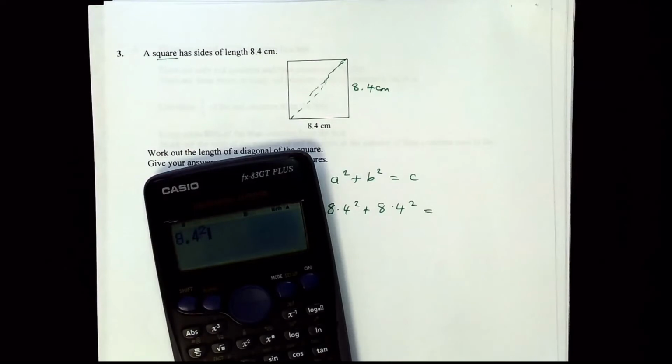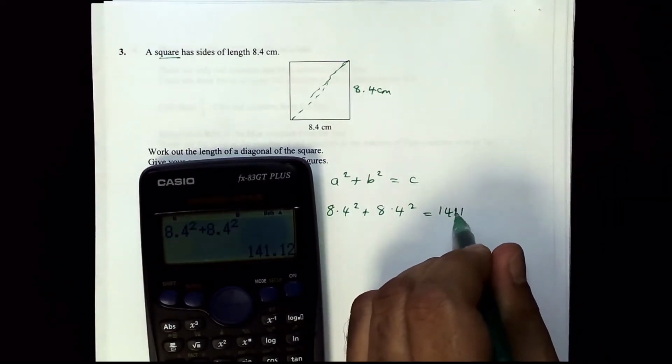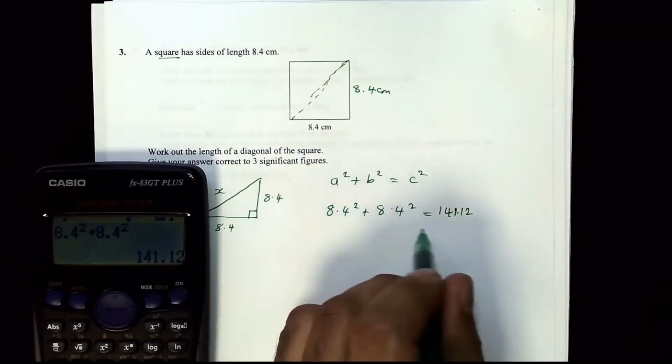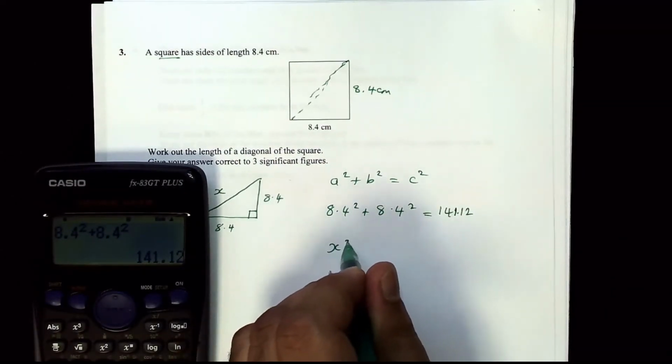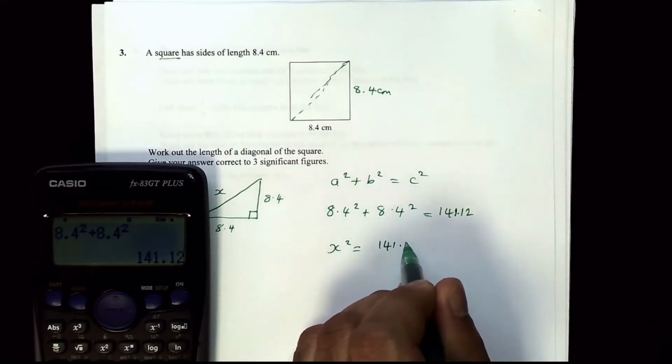8.4 squared plus 8.4 squared equals 141.12. That's c squared. So x squared is equal to 141.12.